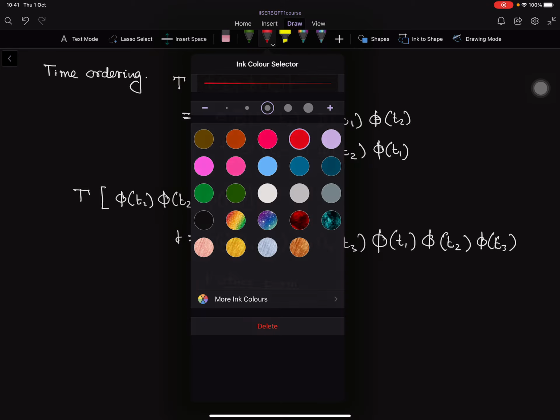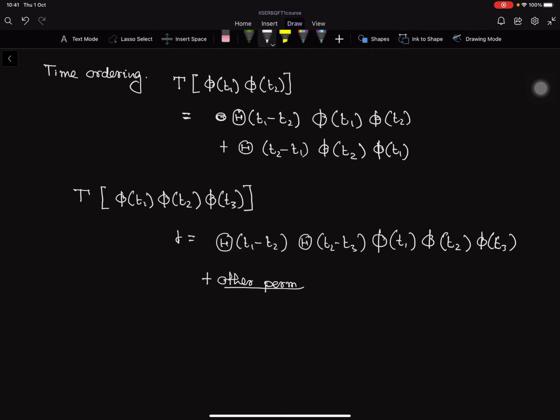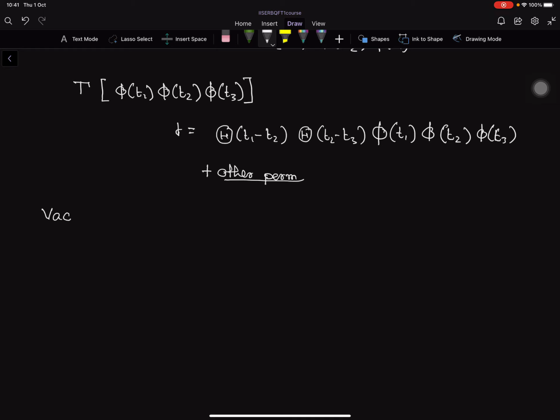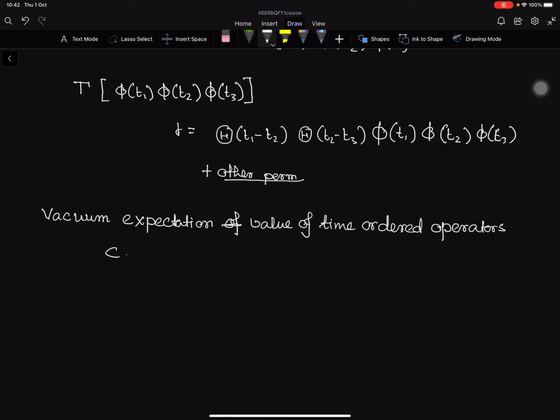If I want to take its expectation value, let me write here: the vacuum expectation value of time ordered operators can simply be written in terms of Feynman functions.